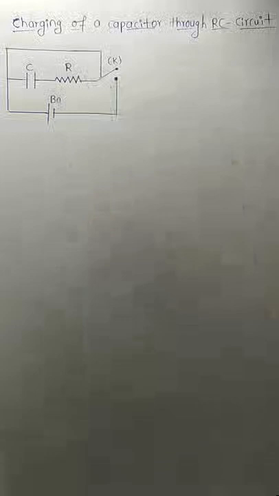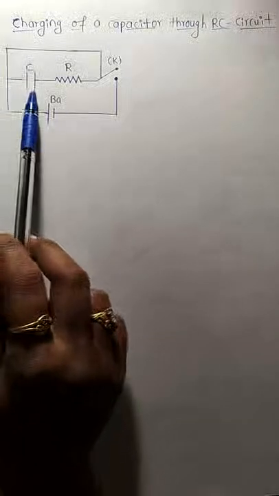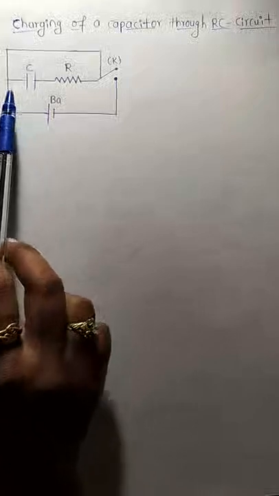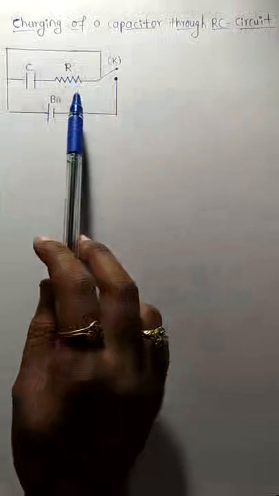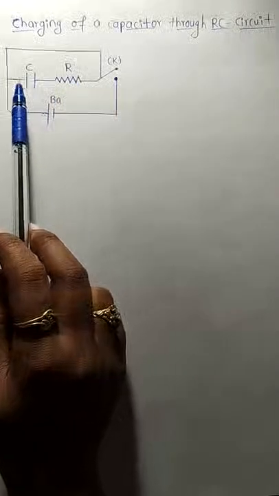So the RC circuit consists of a resistor and capacitor connected in series with the battery and the plug key. We replaced the inductor by a capacitor here. The resistor is common to the RL circuit and the RC circuit; only the capacitor changes.